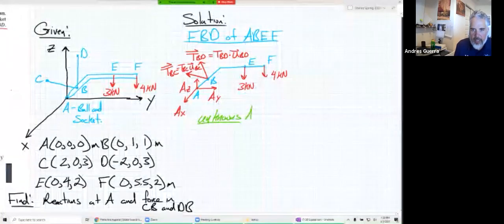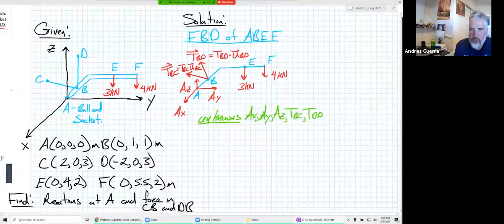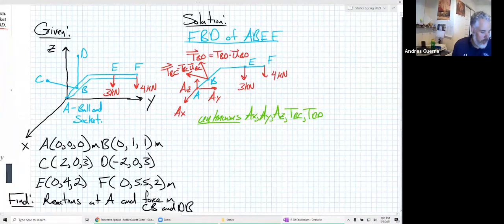Well, we've got AX, AY, AZ, the magnitude of TBC and the magnitude of TBD. So we have 5 unknowns. We have 6 equations to solve for these, so we can certainly come up with enough equations to solve for those unknowns.